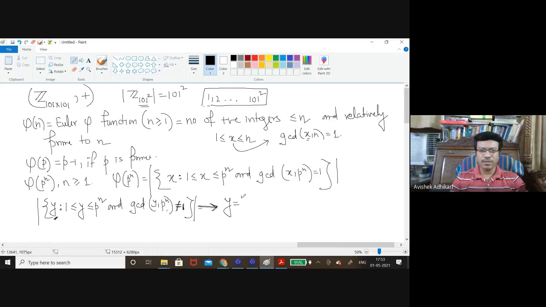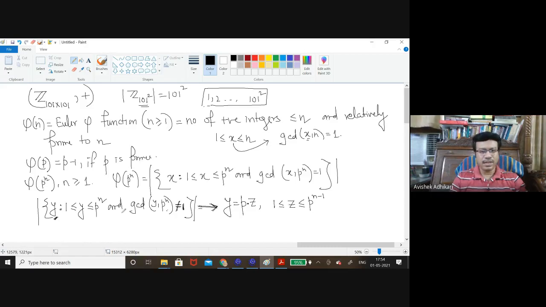So y must be of the form p times some z, where 1 ≤ z. And what should be the maximum value of z? It's p to the power n minus 1.